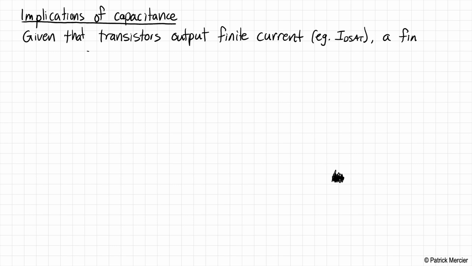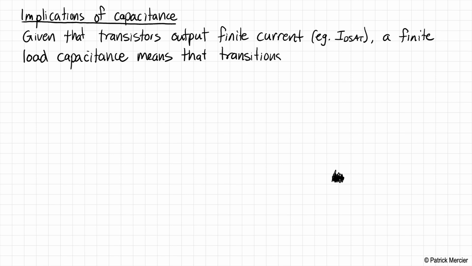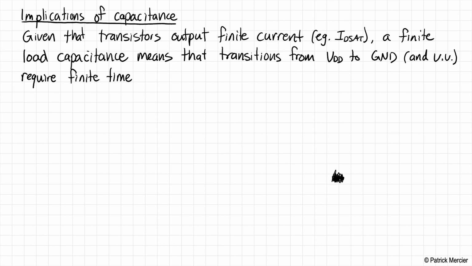A finite load capacitance means that transitions from VDD to ground and vice versa require finite time. So the fact that there is capacitance there intrinsically limits the performance of our circuit.